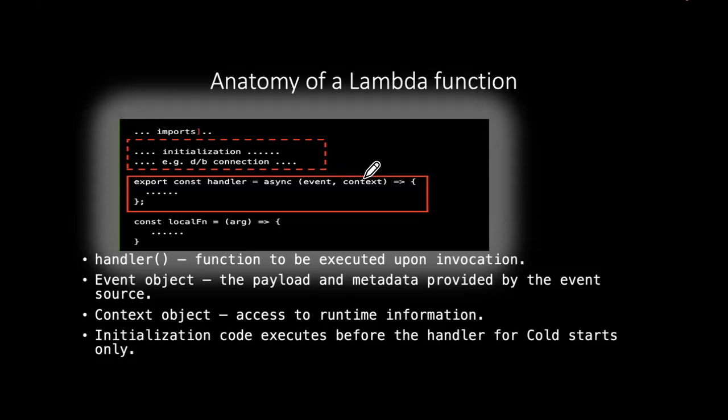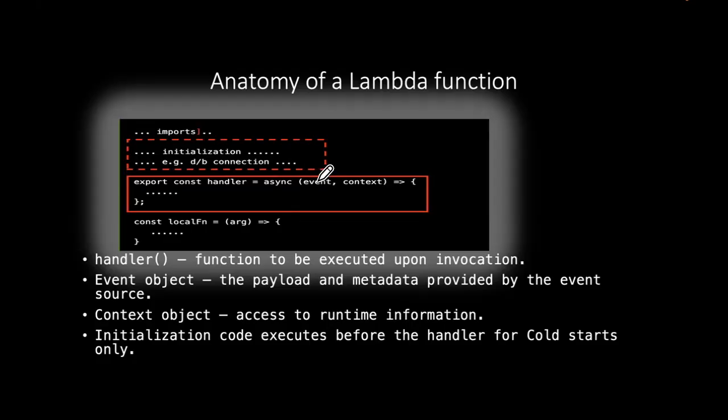Or if you wanted to access the temporary file system that's available within the micro VM. The first argument is the one that we're really interested in. As you can tell from its name, this argument contains the actual payload associated with the event that caused the execution of our function.